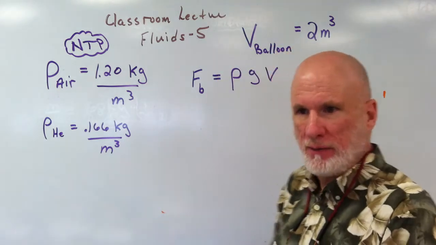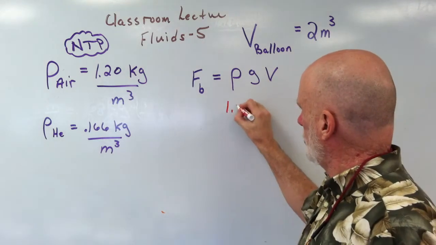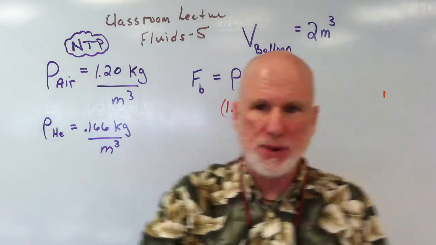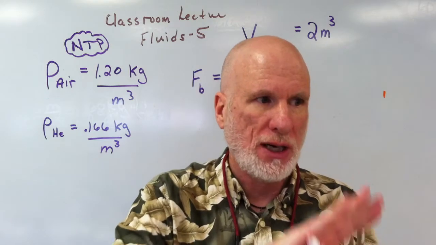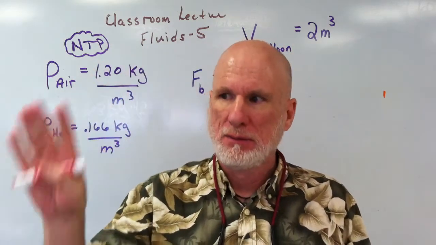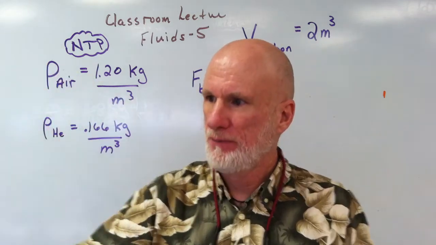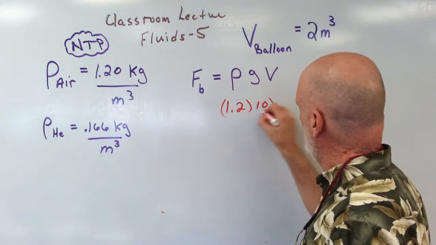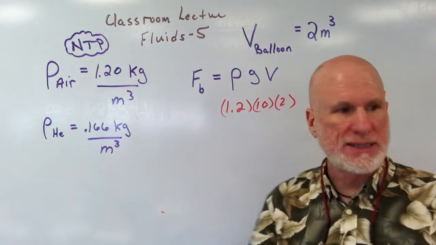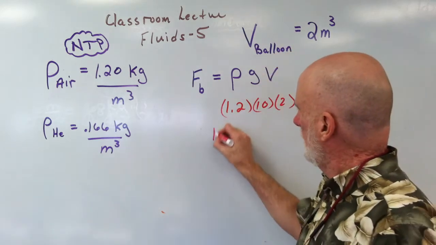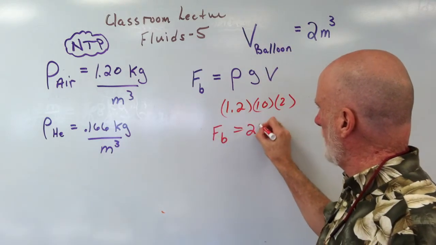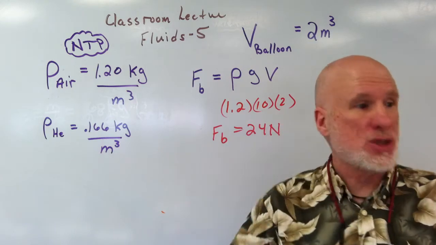Can you do this in your head? 1.2. I'll leave off the unit labels because we are unit label clean. Meters, kilograms. Understood? Times 10 times 2. What's that equal? 24. FB equals 24 newtons. So that's the weight of the balloon.